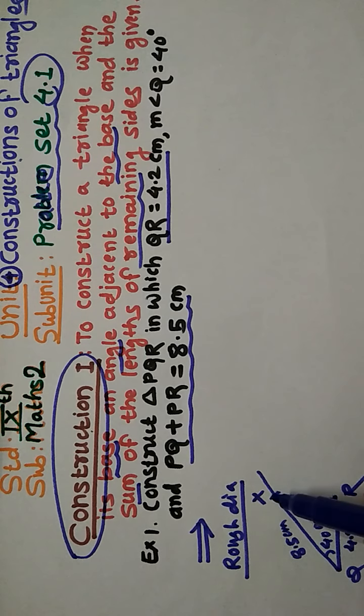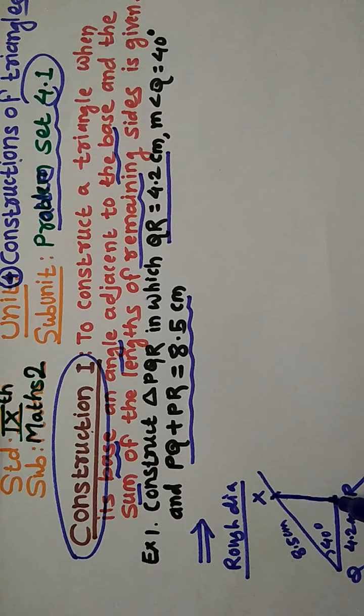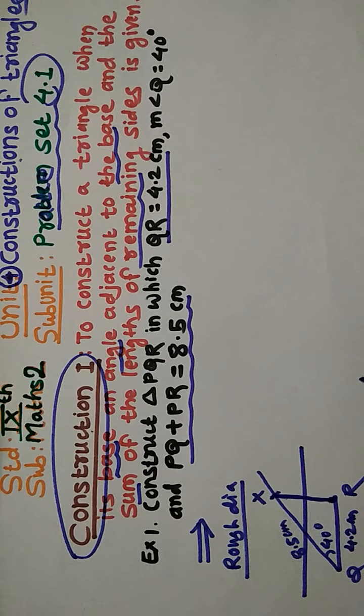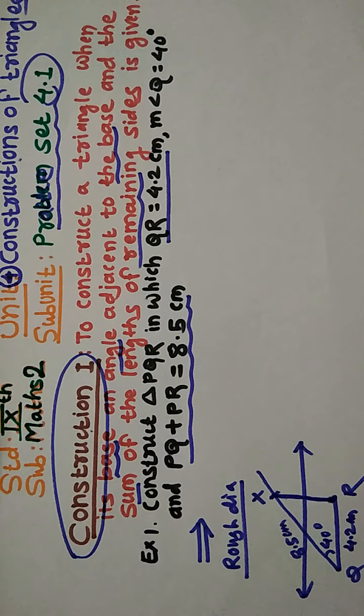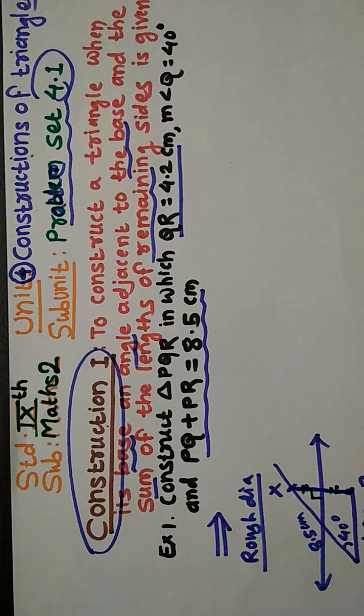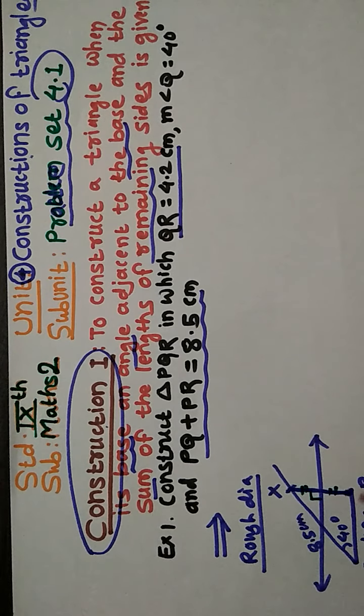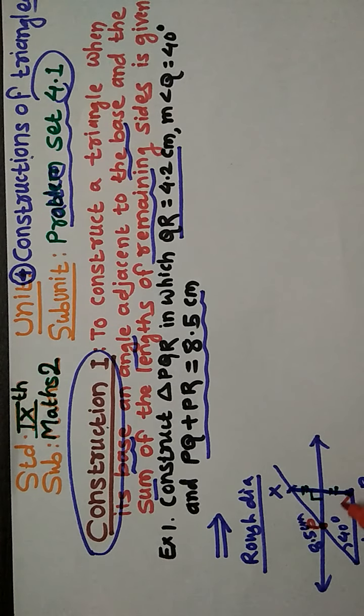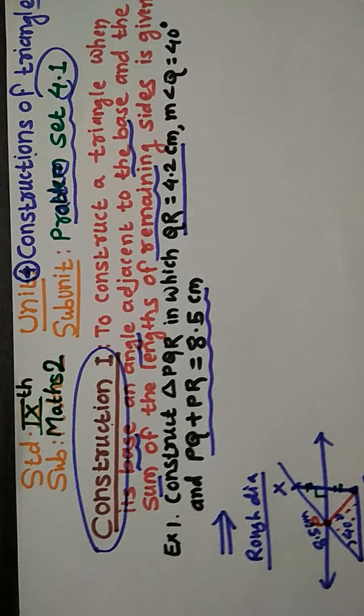Now draw the perpendicular bisector of segment XR. Where this perpendicular bisector intersects the ray, name that point P, and join this point, means our required triangle is PQR.